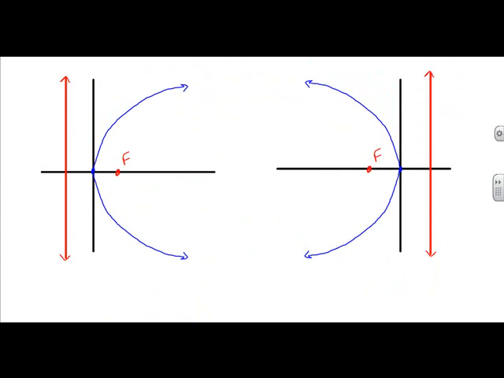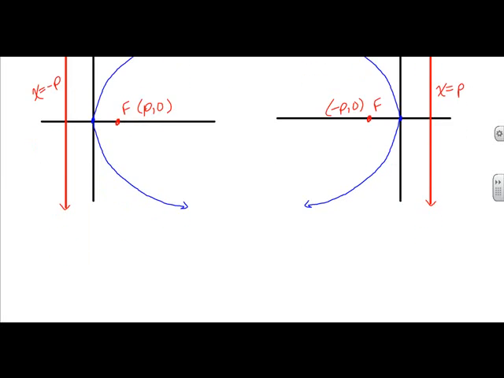The distance from the vertex to the focus is still p units. The distance from the vertex back to the directrix is still p units. So if our focus is on the positive x-axis, then the coordinates for it would be p, 0. The equation for the directrix would be x equals the opposite of p. And if you've got a parabola that opens back to the left, the coordinates for the focus would be negative p, 0, and the equation for the directrix would be x equals p.